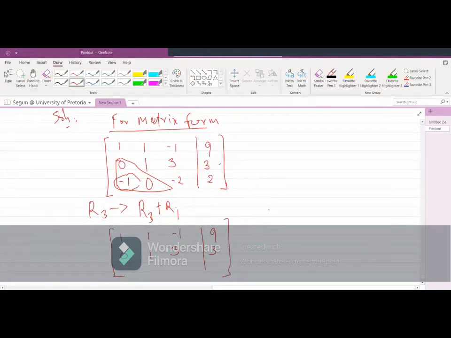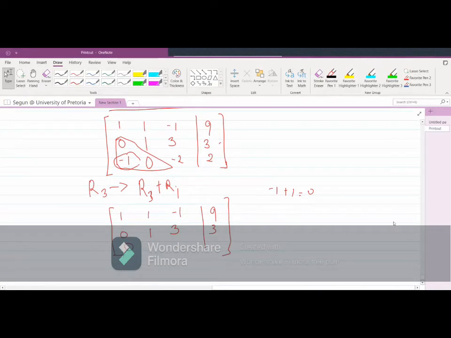It's going to be -1 plus 1, because -1 is the element that equals 0. So you put 0 here. The next one is 0 plus 1, which equals 1.